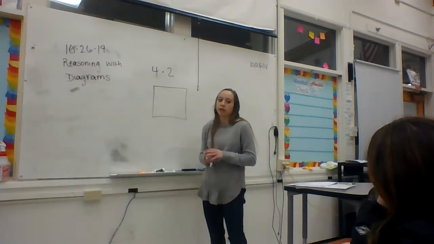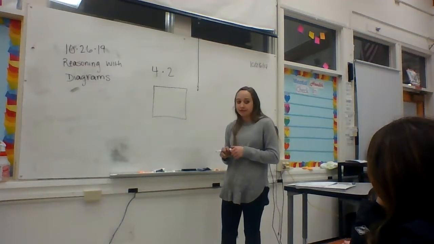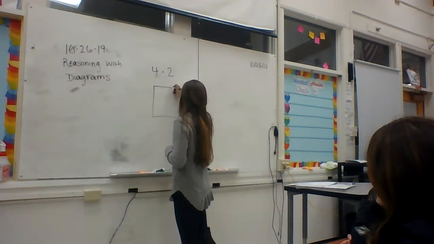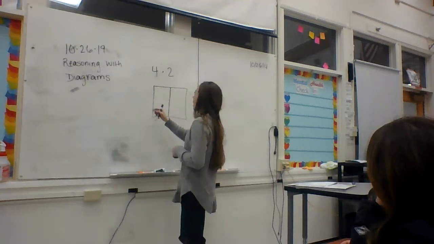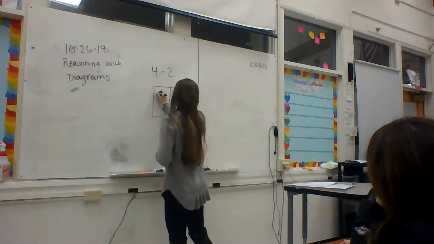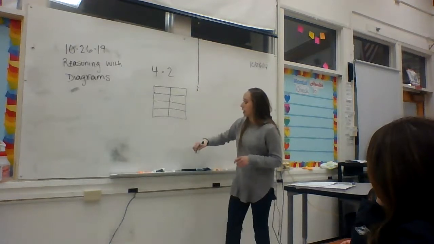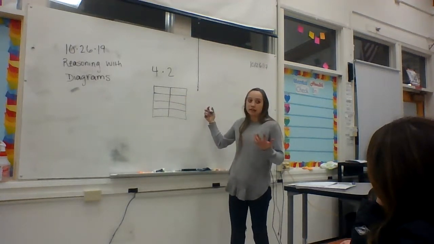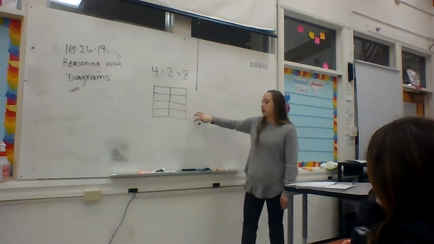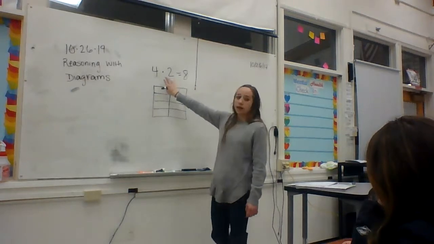I think I have 2 columns. Okay. How many rows am I going to have then? 4. So 1, 2, 3, 4. How many boxes did I end up with? 8. What's 4 times 2? 8. So see, this is just a representation, a picture. A diagram is just a picture representing our equation.